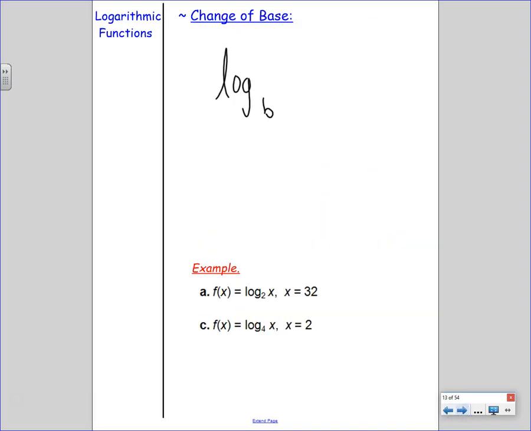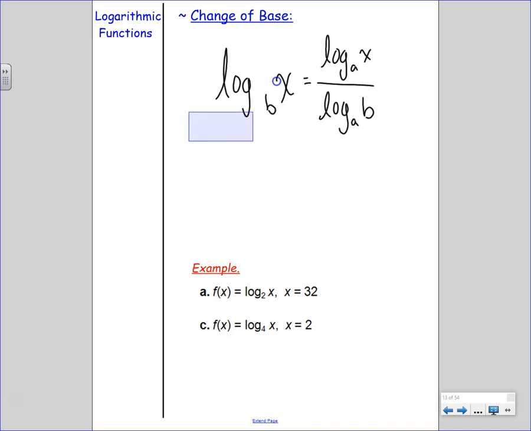If we need log base B, we can change it to be any other log we want using the formula of dividing log of the new base of the argument over log of the new base of the old base.